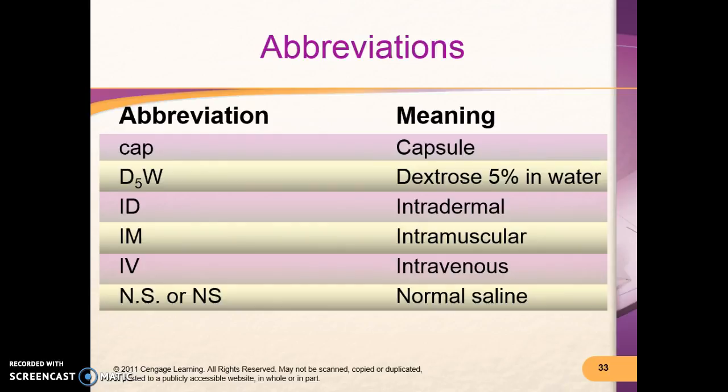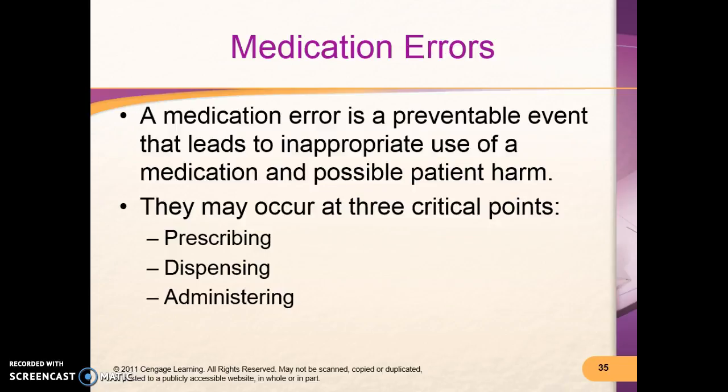One of the things to keep in mind as you go through this chapter is the very last part of this chapter is a little bit about medication errors. And a medication error is simply a preventable event. And it can happen at any point in the process. So it can happen during prescribing. In other words, the doctor writes something wrong or it's not readable.